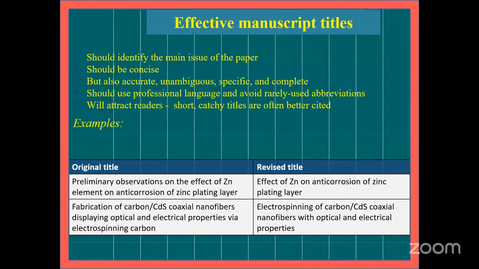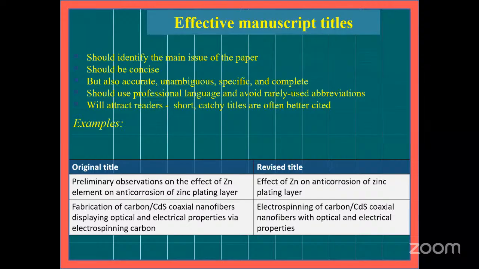To make it more effective. And also you can see the second title, the fabrication of carbon or titanium sulfide coaxial nanofiber displaying the optical and electrical properties via electrochemical carbon. We cannot write words like showing or displaying. And also we cannot use any kind of abbreviation, like AFC. While you understand it, you provide the abbreviation, but you cannot use it in the title.